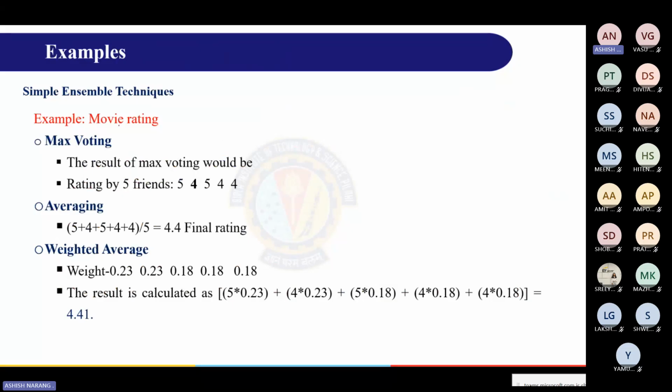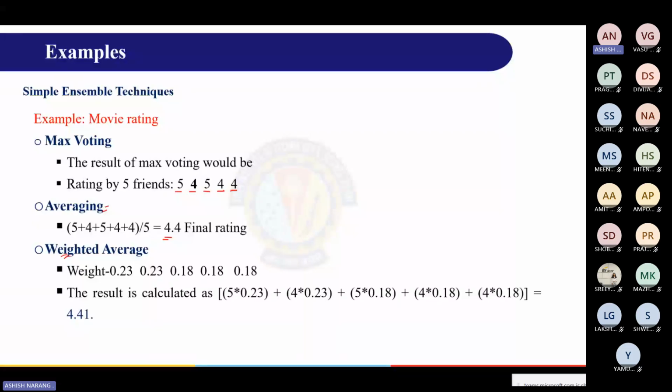Now, an example: movie rating. Maximum voting. The result of maximum voting would be the final result. Rating by 5 friends: 5, 4, 5, 4, 4. Of course, 4 is the max vote, so we can go with that. Another option is to take the average, 4.4. Or a weighted average, at some places, because I am giving some classifiers more weightage than others.